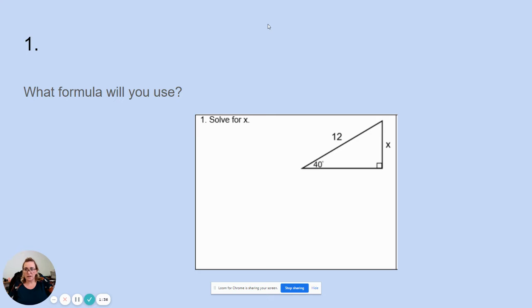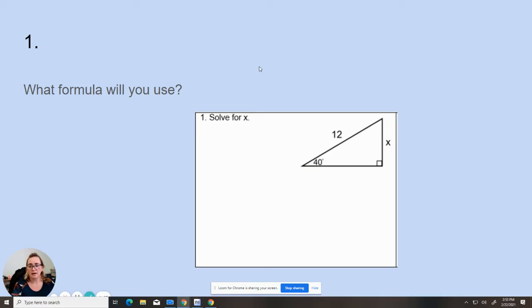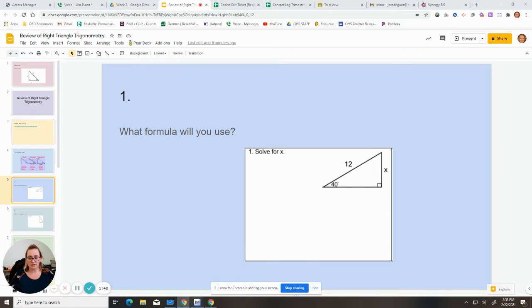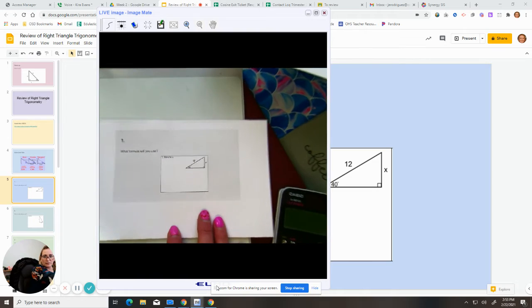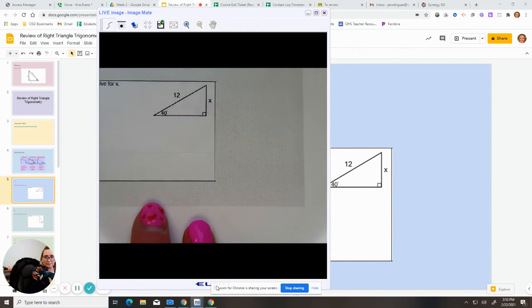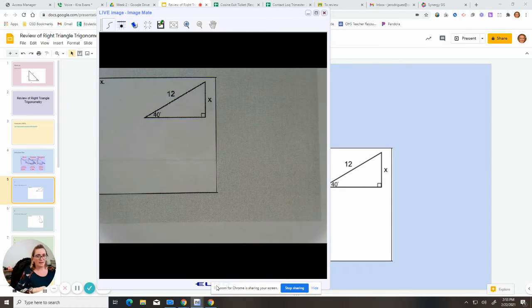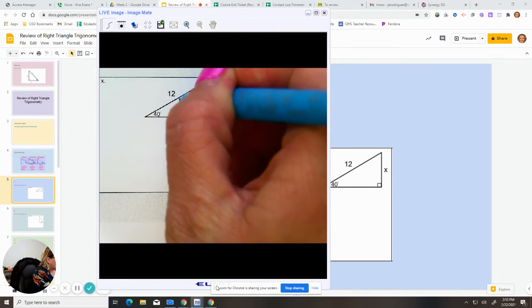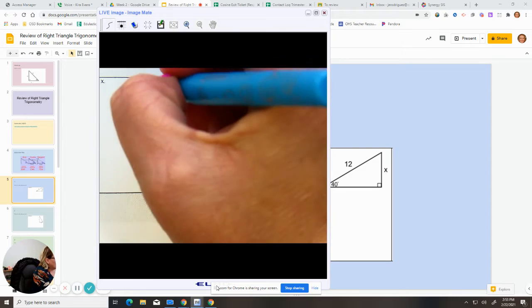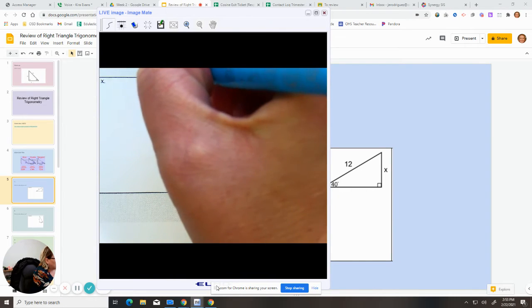So looking at this one, we just want to look and see what formula we are actually going to be using. So I am going to pull this up a lot more. And we know that in this triangle, we have this side and we have this side. Well, one of them is a hypotenuse, right?